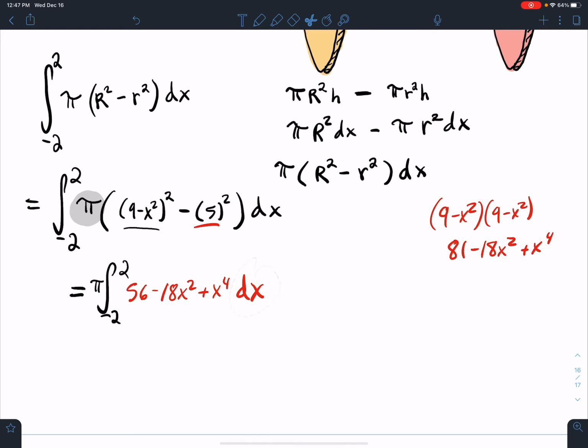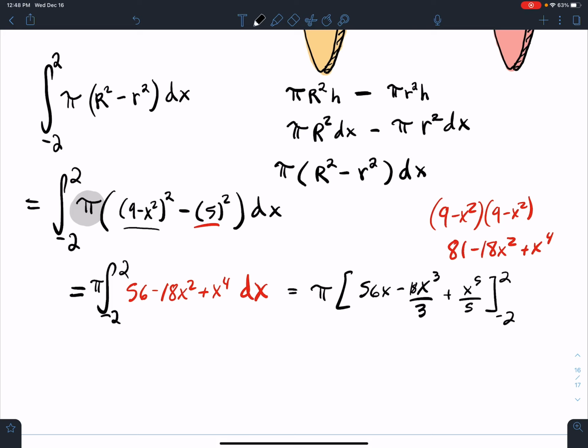Whenever you integrate this, you're going to have pi, and then you're going to have 56x minus 18x cubed over 3, and then plus x to the 5th over 5, from -2 to 2. Negative 18 and 3 cancel to make negative 6.